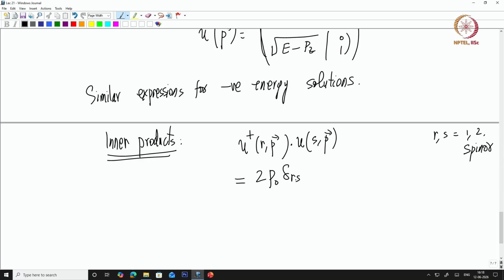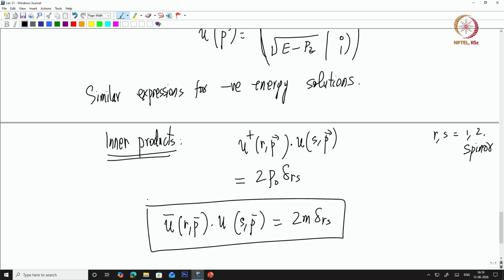You can prove that. And the Lorentz invariant u bar r p u s p is equal to 2 m delta r s.